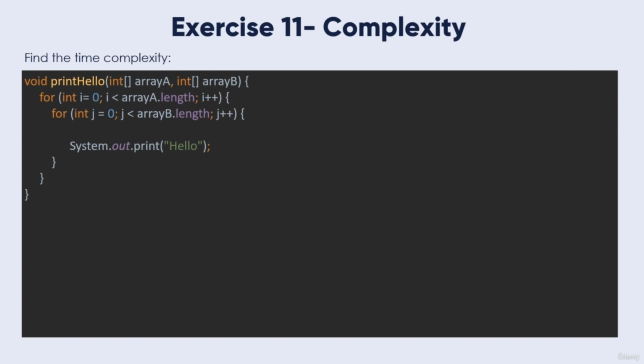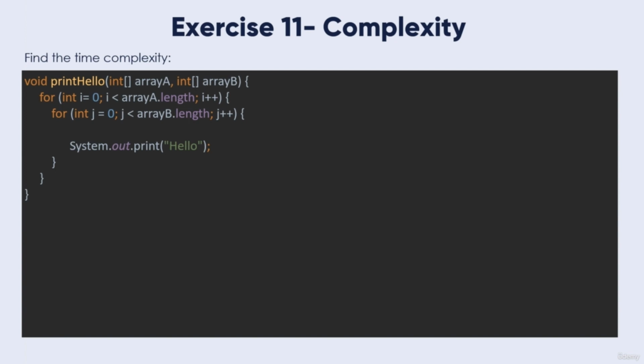And we have inside it two nested loops, okay? And printing hello. I want you to pause the video, write down the solution, and check it later on when we start solving and compare your progress in the time complexity and big O notation.